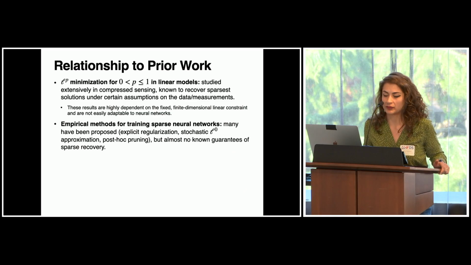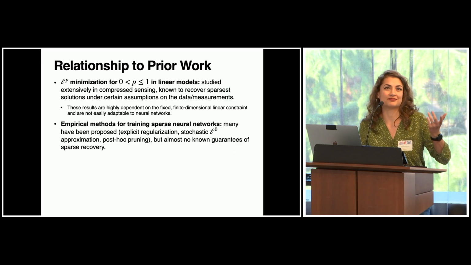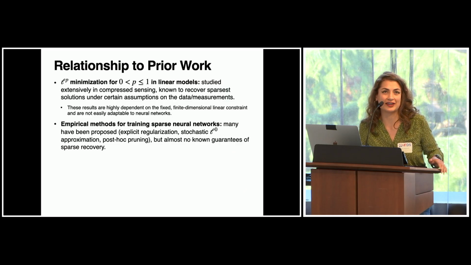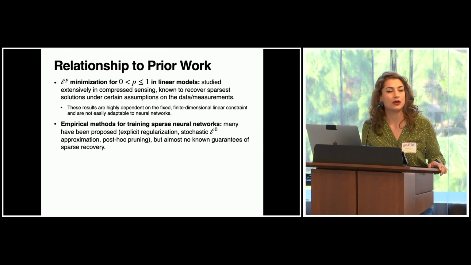This idea of minimizing an LP quasi-norm for p less than 1 in order to induce sparsity has been studied pretty extensively in the context of compressed sensing for linear problems. There the problem is that you have a matrix and a set of labels y, and you want to find the vector with a minimum LP norm which solves that system of linear equations.